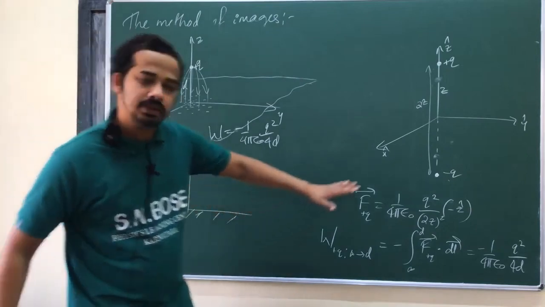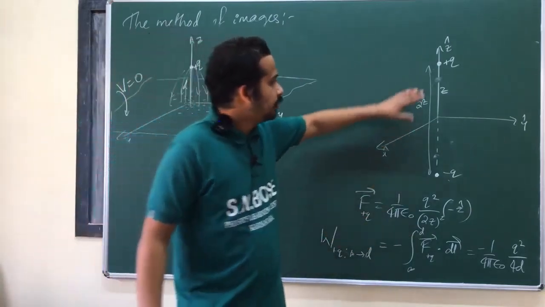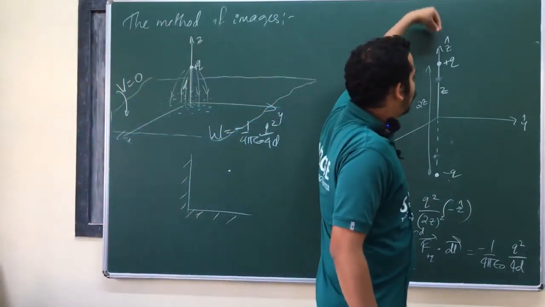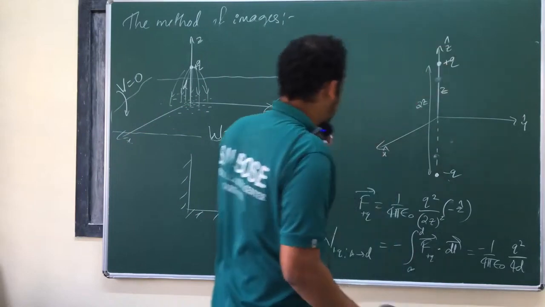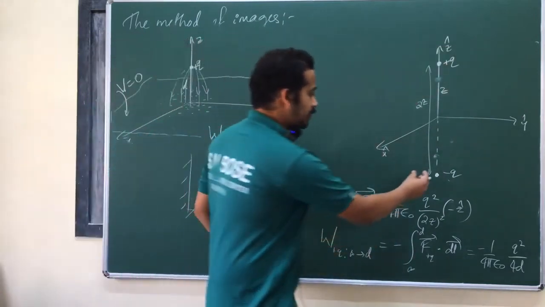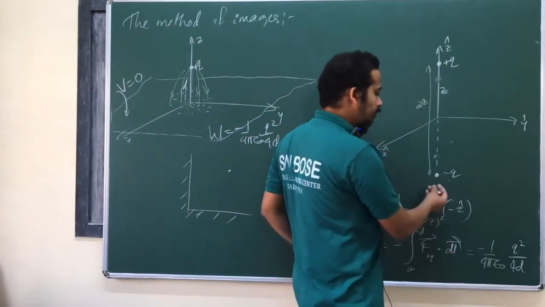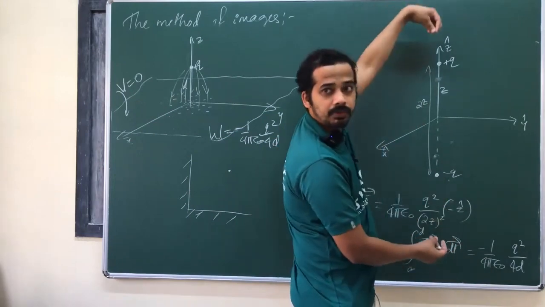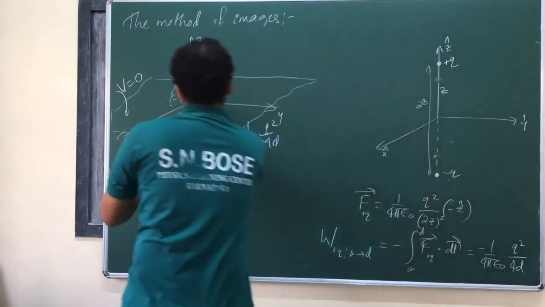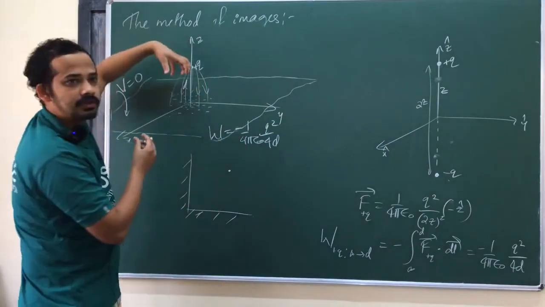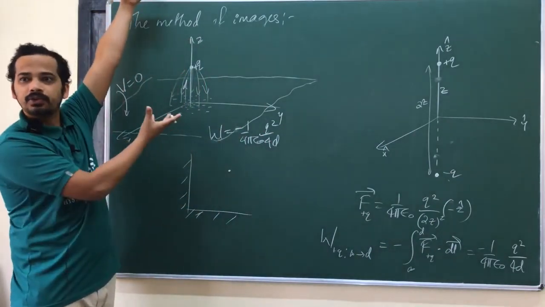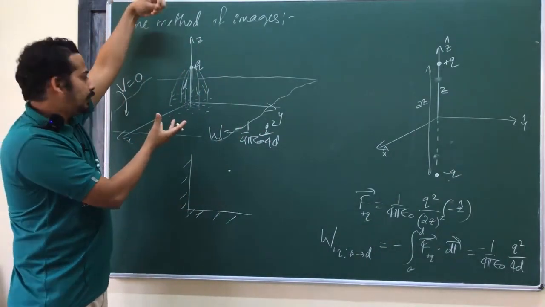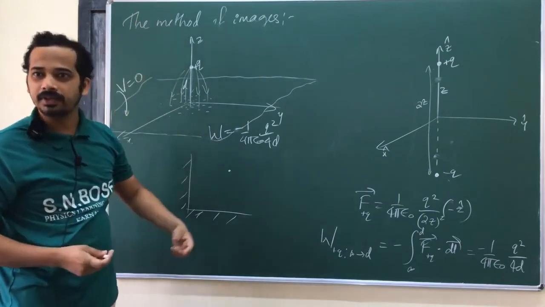I mean, this is the right way. Why is this the right way? Because you calculated only the work done to move this one. Just like this charge is going from infinity to this point, simultaneously these charges are also building up like this. When it is very far away, there is no charge. When it's moving slowly, these charges are building up, isn't it?